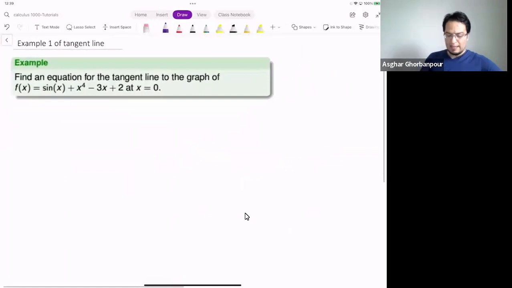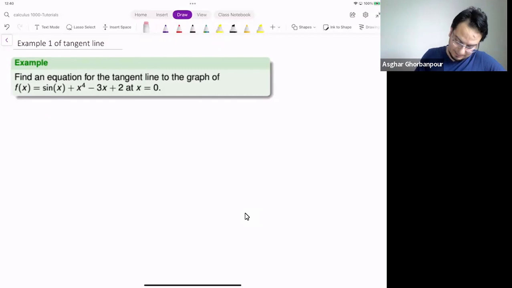Find an equation for the tangent line to the graph of this function. Look at this function. If you want to go with the definition of the derivative, which gives you the slope, you're in big trouble. Why do I need the derivative?